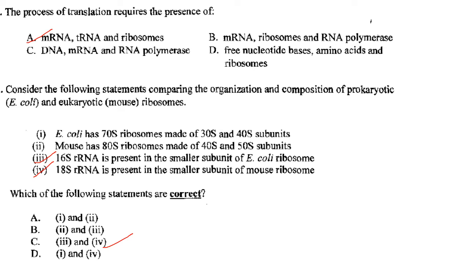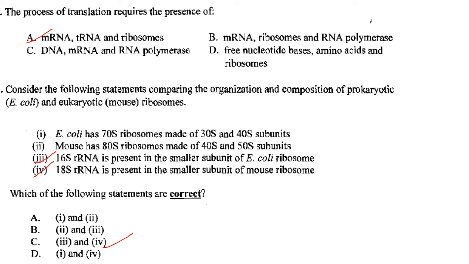So E. coli has 70S ribosome consisting of 50S large and 30S small subunits. Then next one, mouse has 80S ribosome made of 40S and 50S subunit. So it is a eukaryote. So eukaryotes have 80S ribosome consisting of 40S small subunit and large 60S subunit.